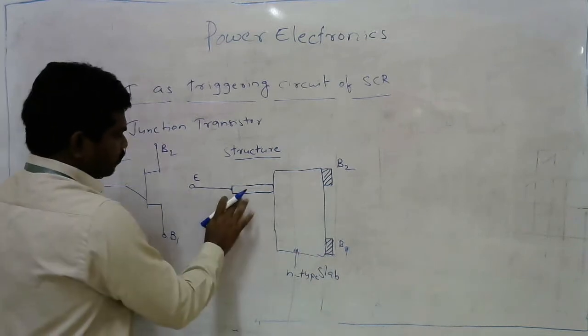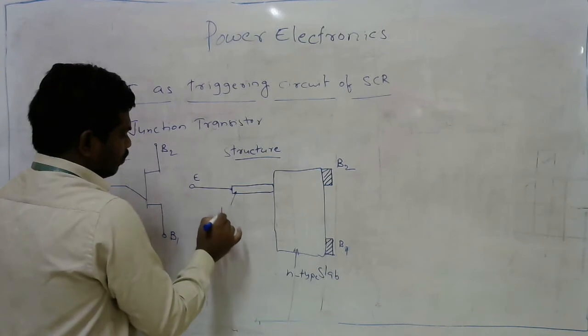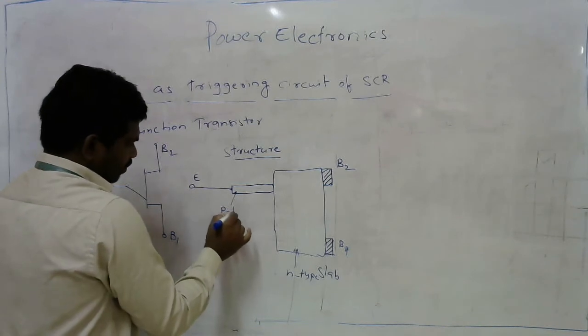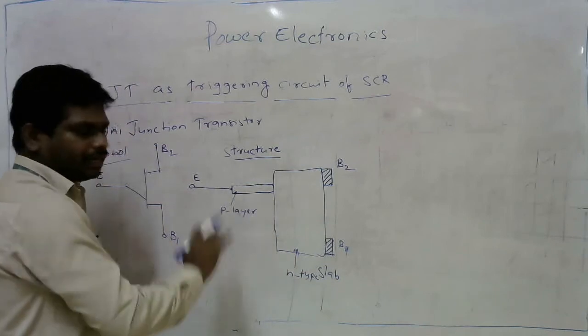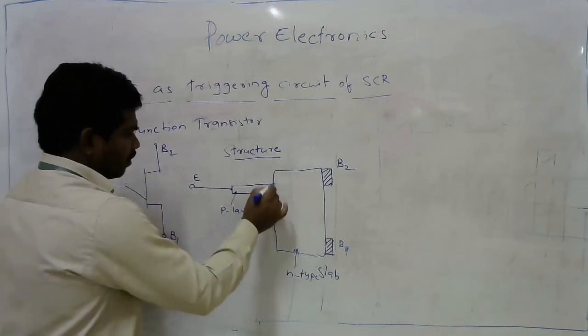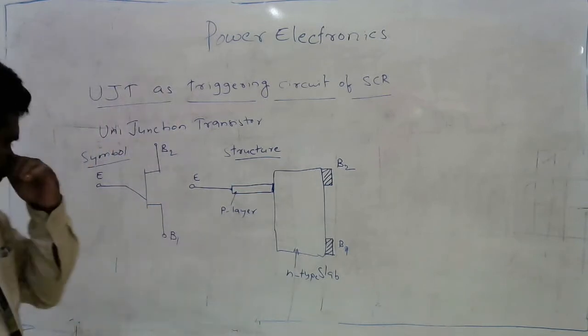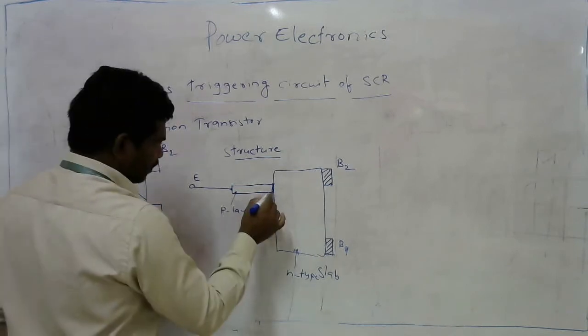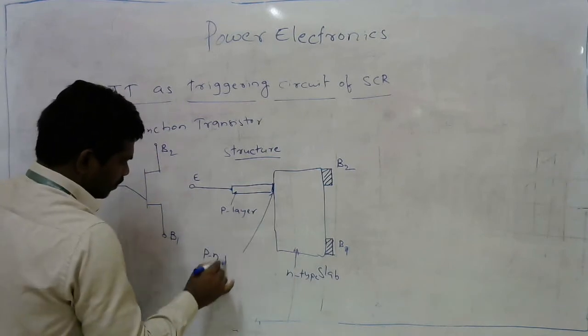This is P-type material, the P layer, and this is the N layer. In between the P layer and N layer, we have one junction formed between the two different types of layers, and this junction is nothing but a PN junction.